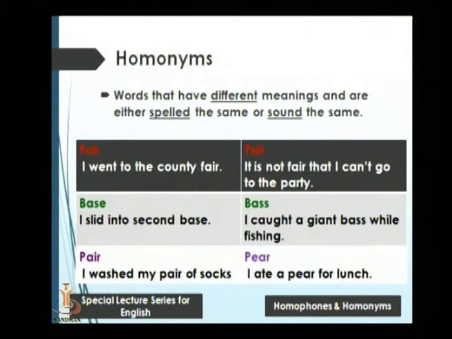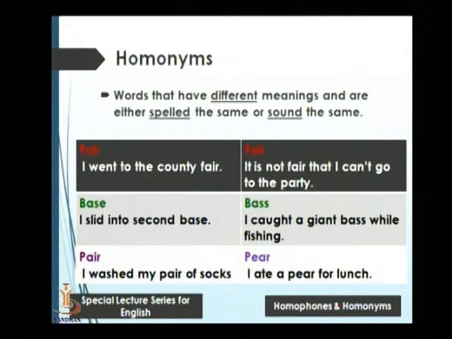Homonyms: the words that have different meanings and are either spelled the same or sound the same, means the words which have similar spelling, but pronunciation is also the same. So spelling is the same, pronunciation is the same, and the meaning is different.